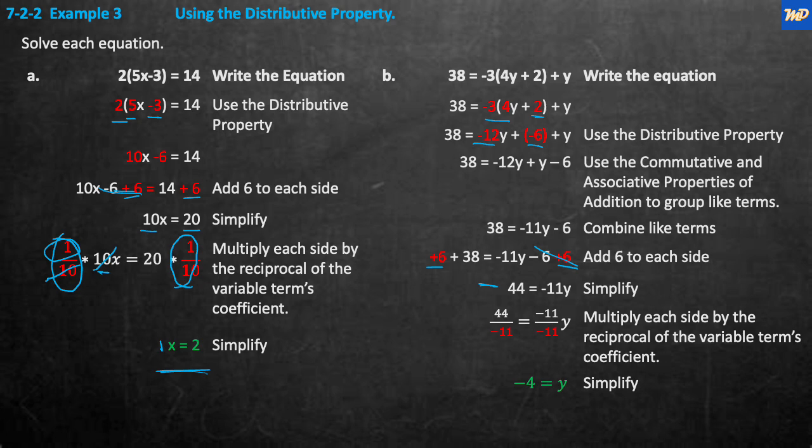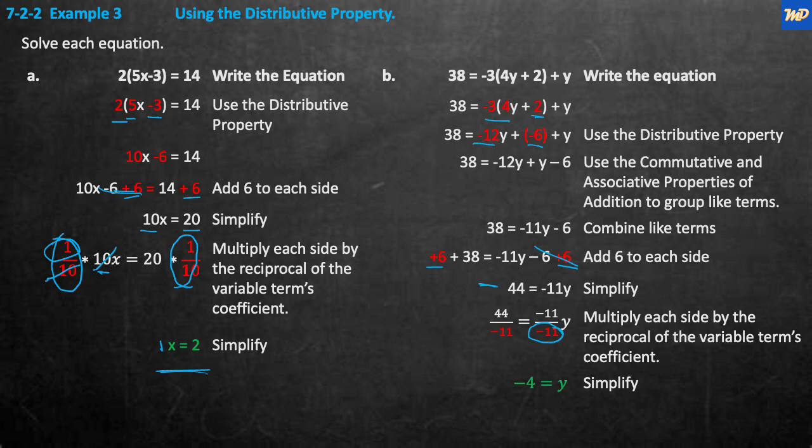So 44 is equal to minus 11y, and now we have to clear the y of the minus 11. We're going to get rid of the minus and the 11 all at the same time. So we're going to multiply by the multiplicative inverse of minus 11, which happens to be 1 over minus 11. We're going to multiply both sides by that, or we can say divide both sides by that.